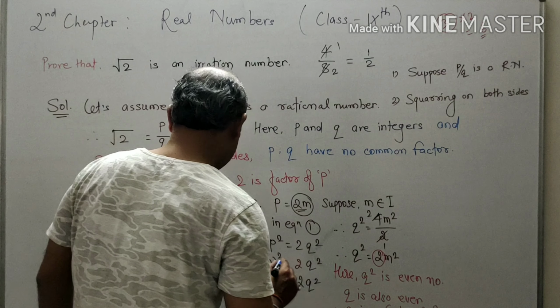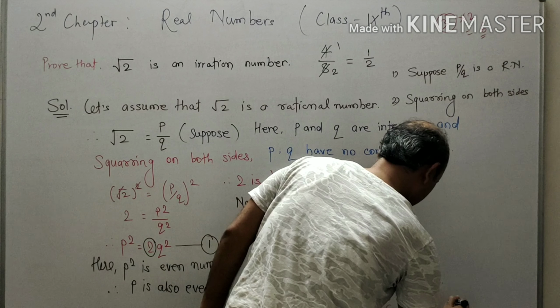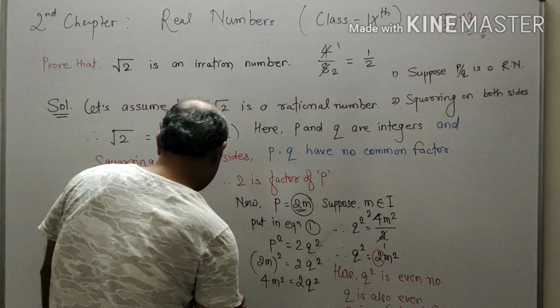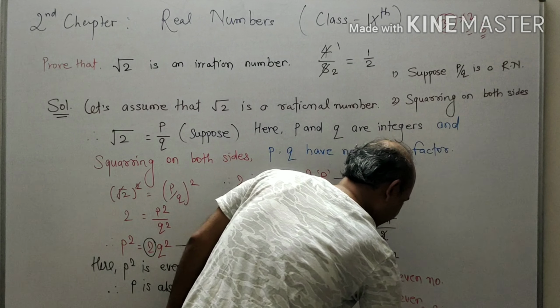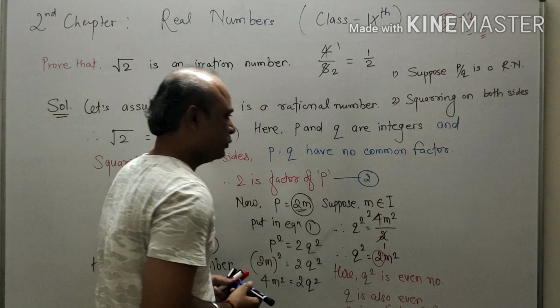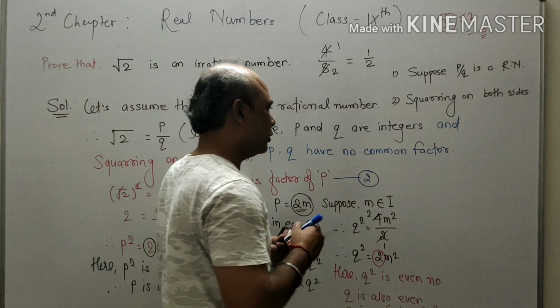So this is equation number 1. This is equation number 2. This is 2 and this is 3. From equation 2 and 3, what will we write, student?